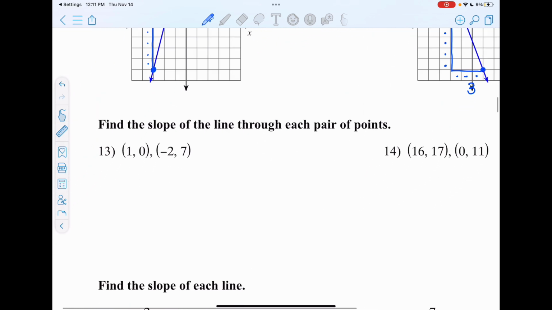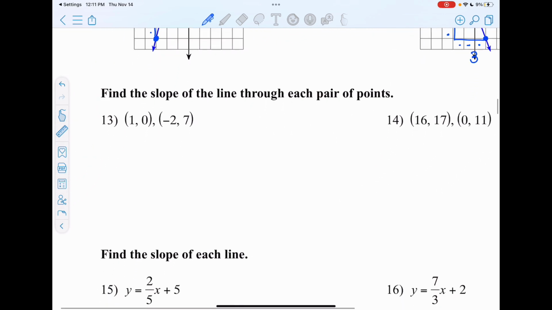We can also find the slope between 2 points using this slope formula. Slope is equal to y2 minus y1 all over x2 minus x1. So I'm going to label my points x1, y1, and x2, y2. Make sure every single point has an x and a y.